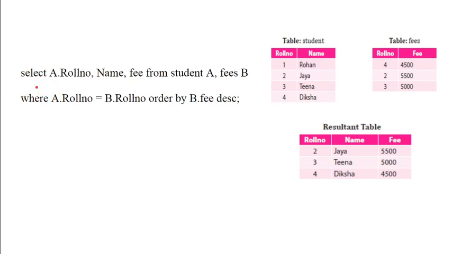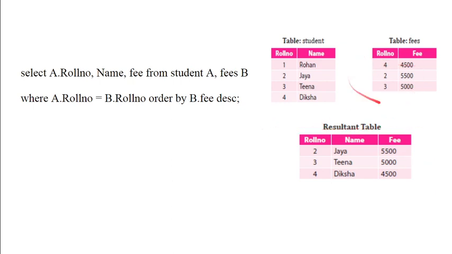Let us consider the example. Select, this is the same as the equijoin statement. In an equijoin statement, if all the data in the second table are selected and the data of the second table which are in the first table is also selected, then the resultant table is an outer join.